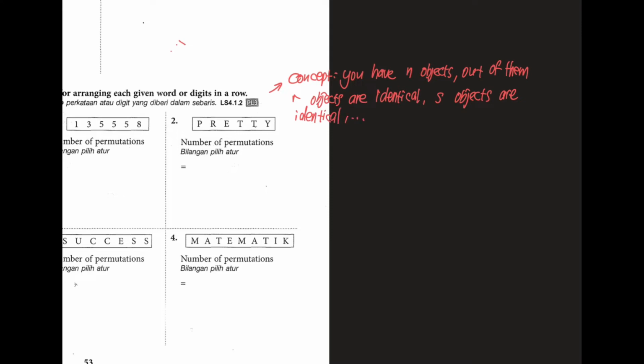And then the formula is you take n factorial on top. The identical objects you divide like this, r factorial, s factorial, and so on. Okay, identical objects you divide. This is the formula. Okay, now let's see the example.